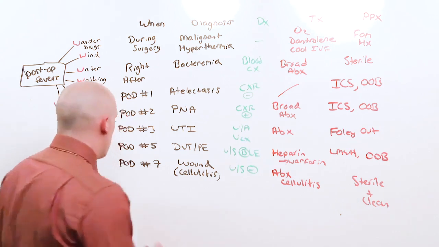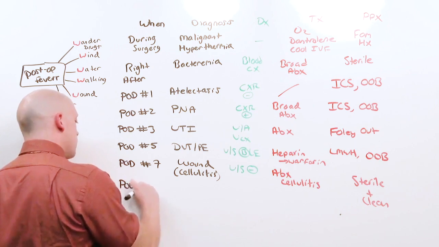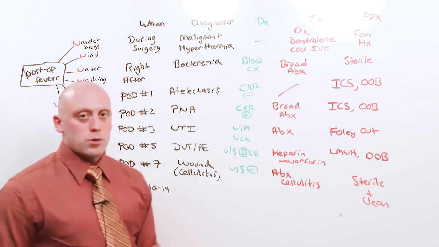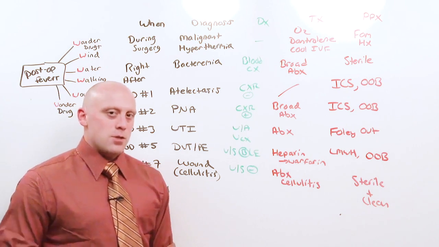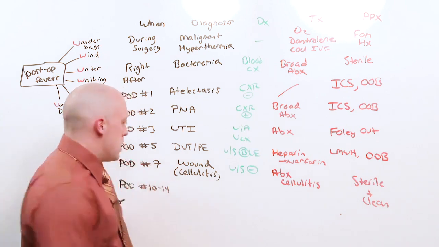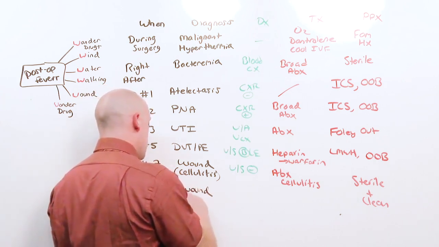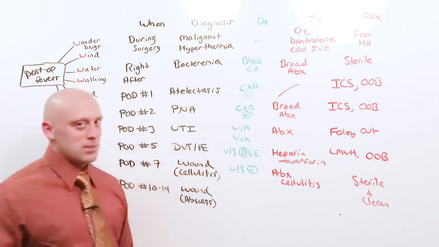But this W is really where it's going to get you, is 2 weeks out. This is post-op day 10 to 14. This is the person who's left the hospital after recovery and is coming back in for their post-op visit. This W wound is not going to be a cellulitis. It's going to be more sinister than that. That's an abscess. And you may not even think that this fever has anything to do with the surgery.